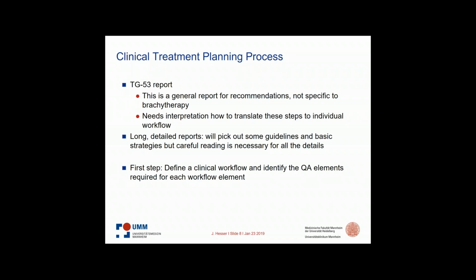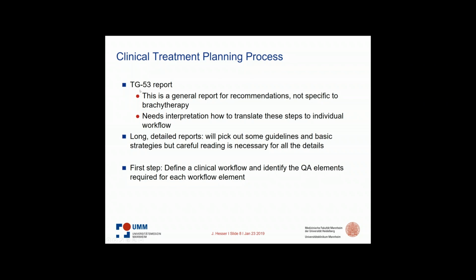So how is the clinical treatment done now? What I'm doing in this lecture is referencing the task group reports from the AAPM, because they go into very much detail, and it's useful to read these task group reports. These reports give general recommendations on how the planning process is done.